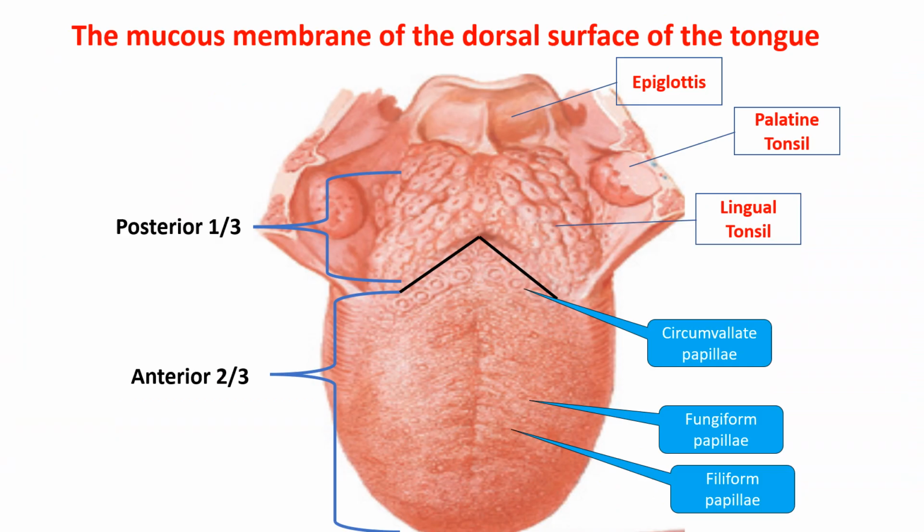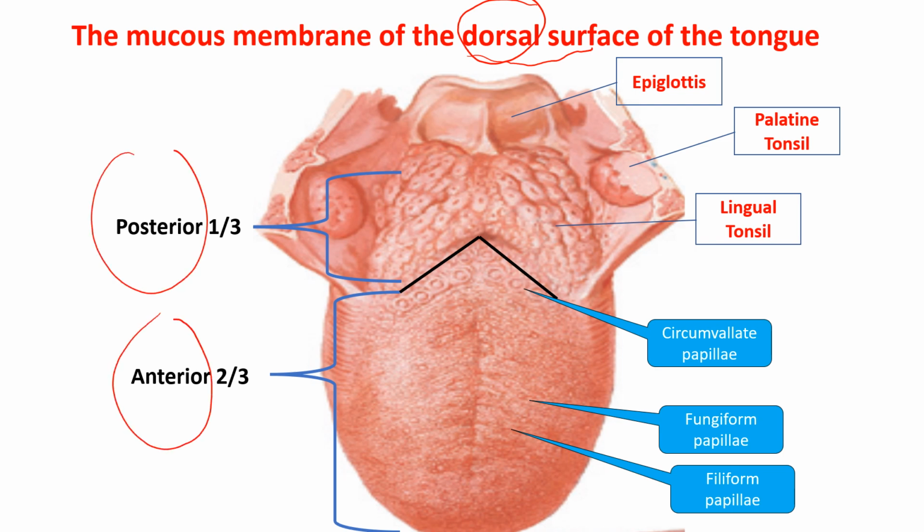Okay, let's see the tongue. The tongue, as we mentioned before, is a muscular organ. This muscular organ has an upper surface, which is called the dorsal surface. This is your tongue from the upper part. When we look at this dorsal surface, we classify it into two parts, the anterior part and the posterior part.